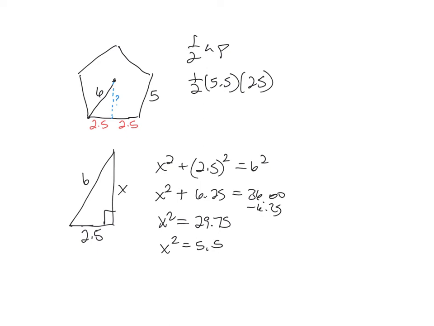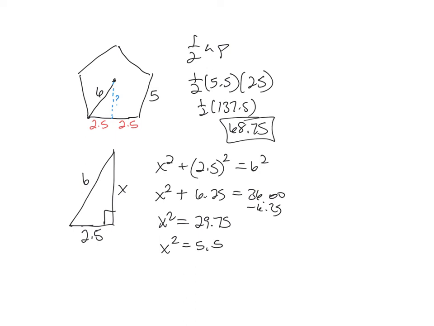We're going to get decimals here anyway, and I'm going to use a calculator anyway, so I might as well just do 5.5 times 25, and I get 137.5, and then I'm going to divide that by 2 for half and get 68.75.